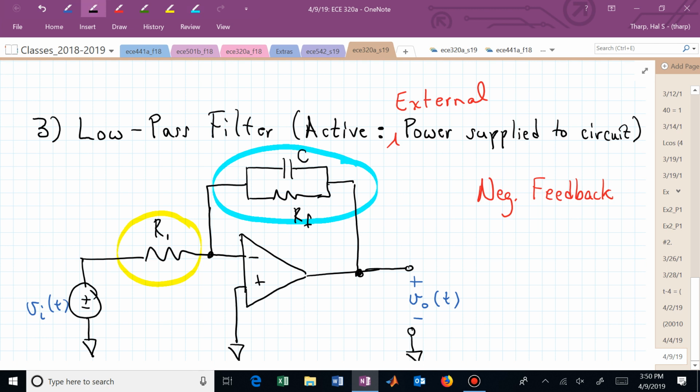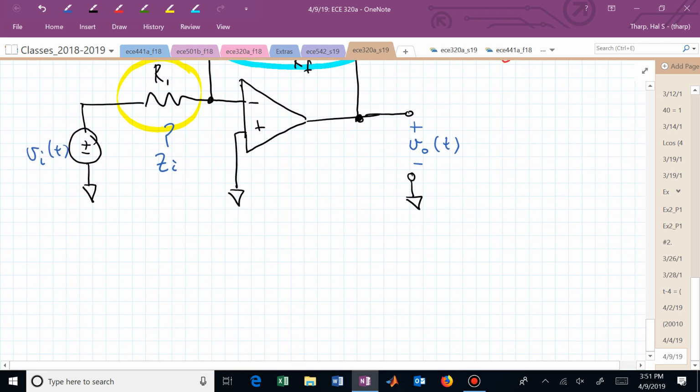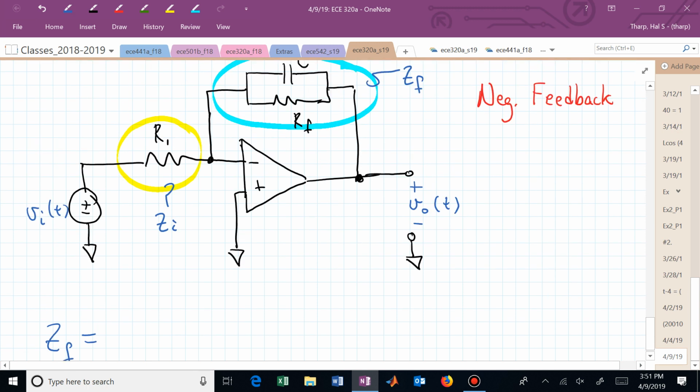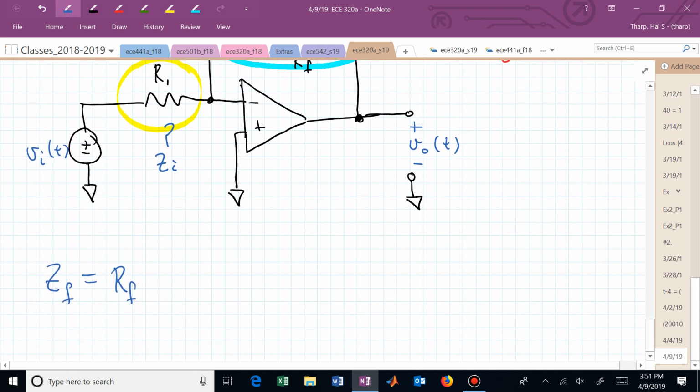Let's now focus on this feedback impedance. This is now our Z sub f. This could be thought of as a Z sub I. Hopefully you can see that that impedance Z sub f is just a parallel combination of two impedances. Z sub f is now equal to R sub f in parallel with the impedance of that capacitor, 1 over SC.